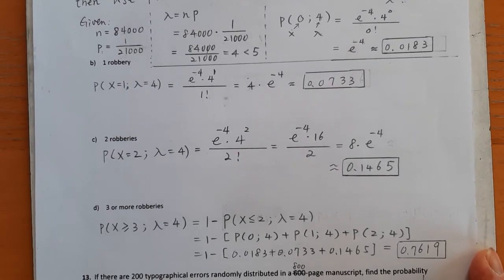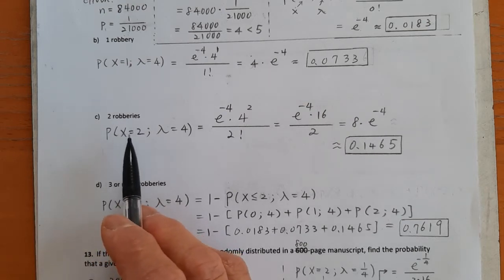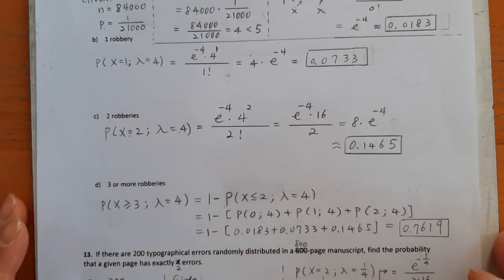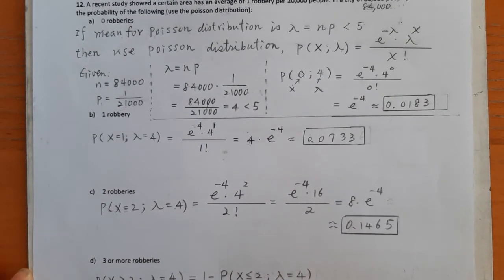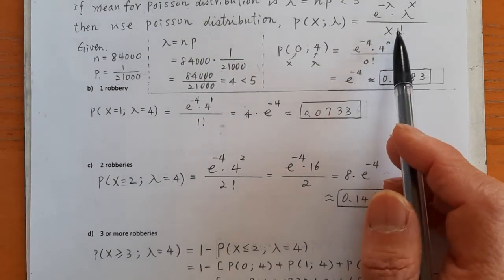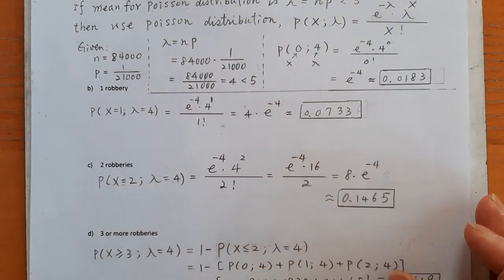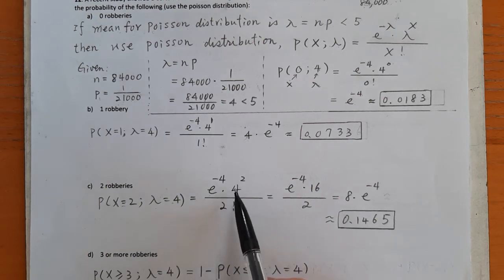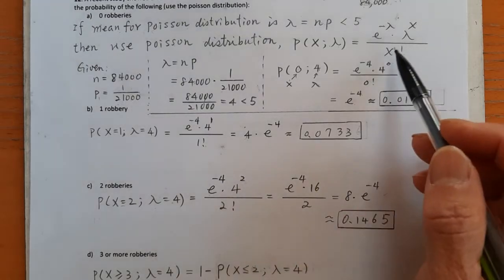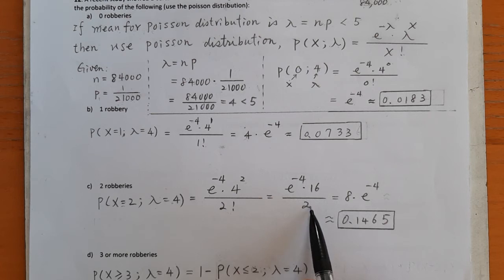Then next will be when 2 robberies. So probability of x equals 2, lambda equals 4, plug into the formula again. That's the formula here. E to the power -4 times lambda is 4 to the power x, x is 2, over 2 factorial. 2 factorial is 2 times 1, which is 2.